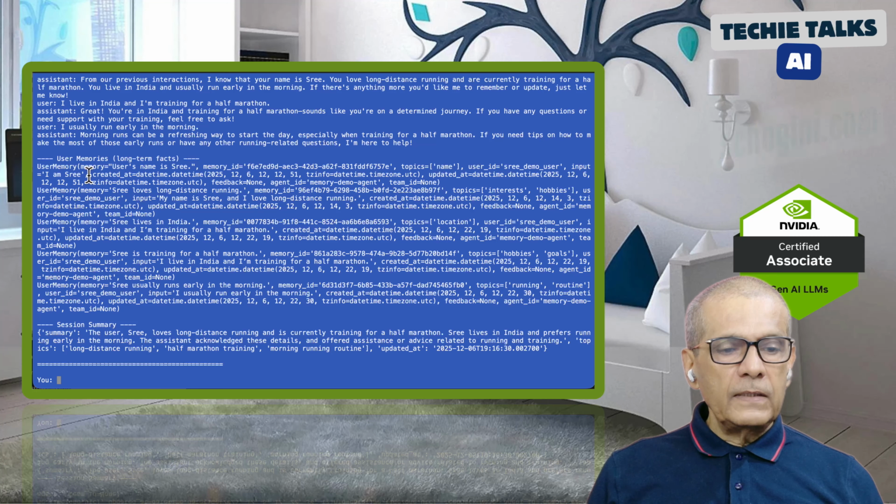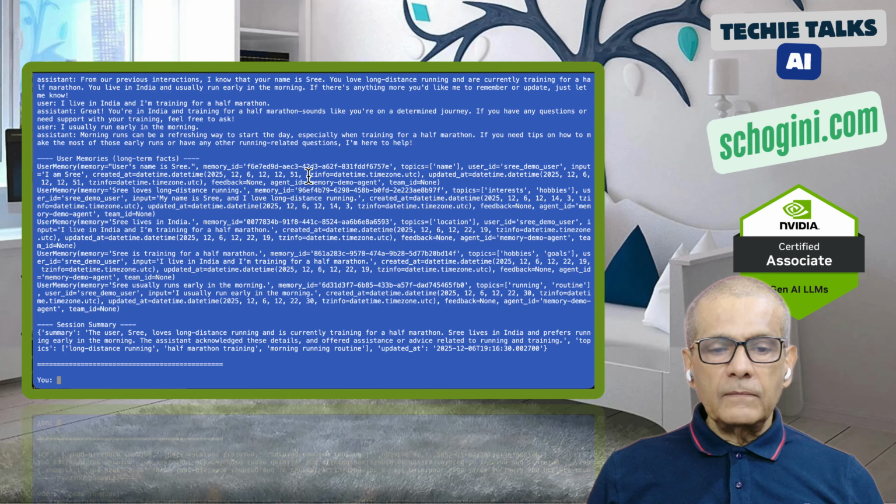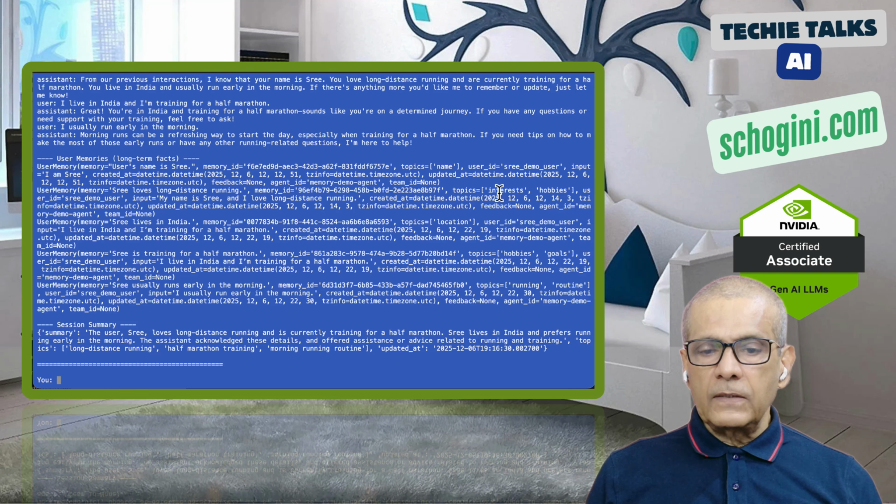So here it shows created at date and time. See here, it tags the memory with topics. So this is a topic cluster. Here, topic is name. Next one, about long distance running, topics, interests, and hobbies, it has automatically identified. See this?